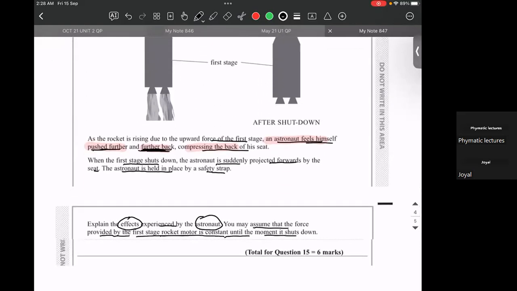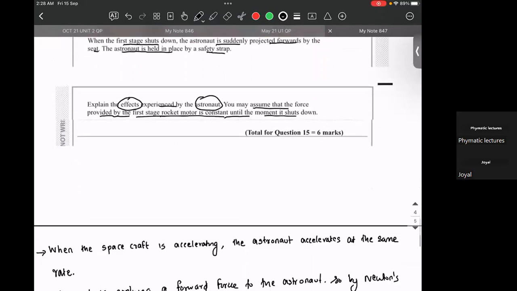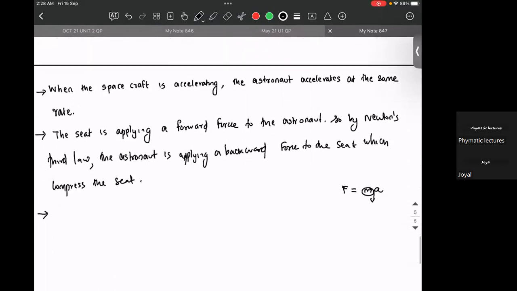Due to this decompression, a force is given to the astronaut. So that means the seat decompresses when the force from the rocket motor is removed.